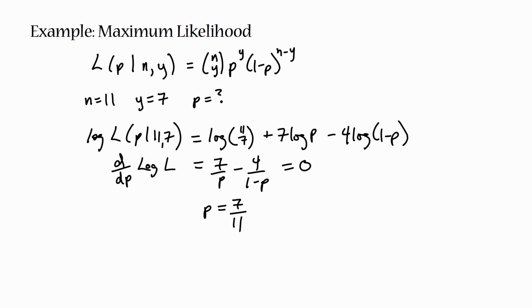If I observed 7 out of 11 successes, the best description of that data is going to come from a model that assumes the probability of success is 7 over 11. So the maximum likelihood estimator of the probability of success of diving for these fish under a binomial distribution is 7 over 11. Right?